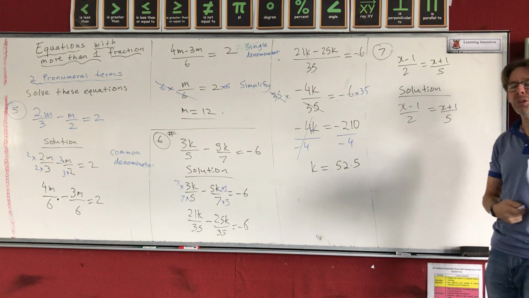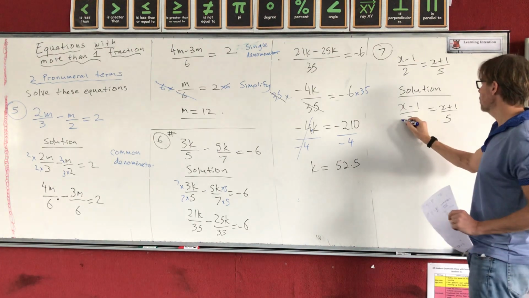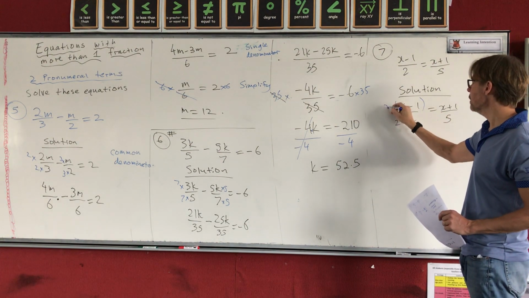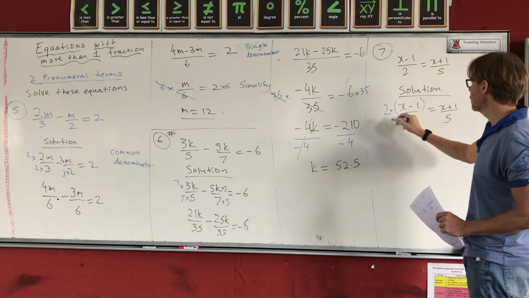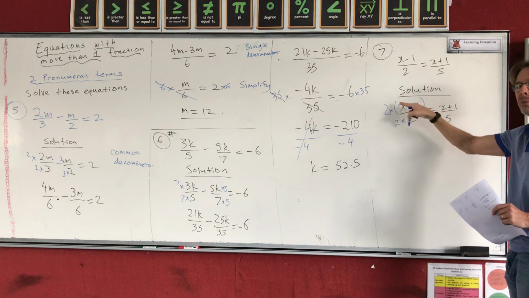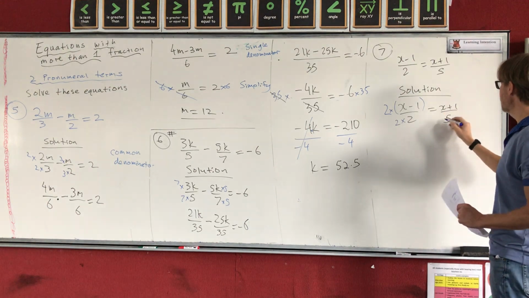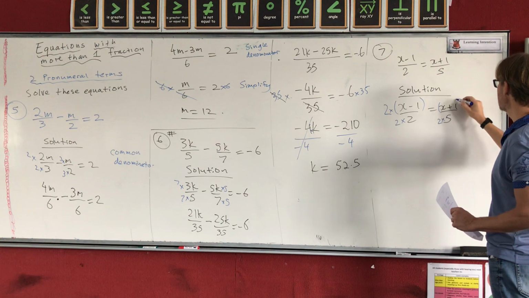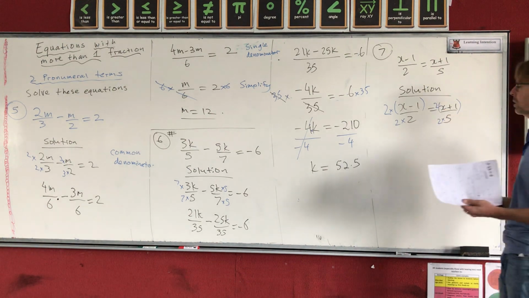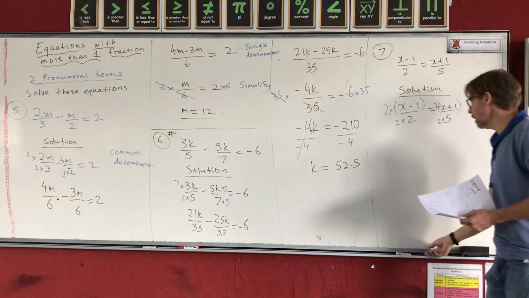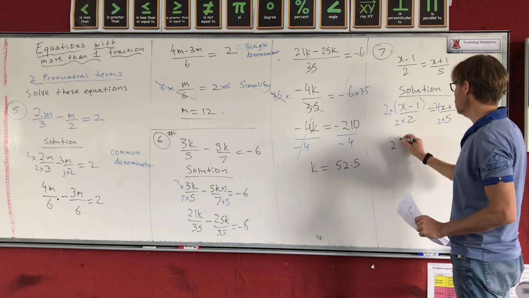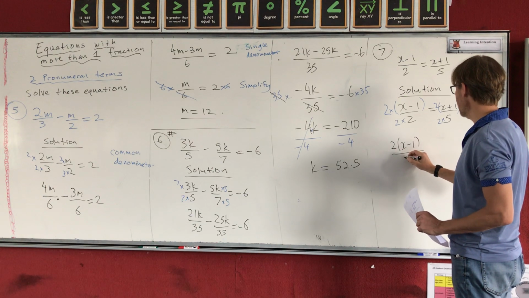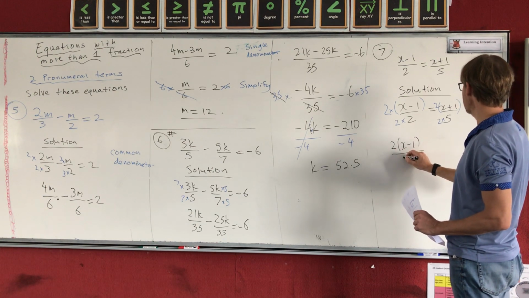Same thing as before, we want a common denominator. So, times by 2. Now, you have to put brackets here, times by 2, right? Because you're timesing the whole numerator by 2, which is why you need the brackets. Here, take the 2, times by 2, and times by 2. Okay? Now, that gives us 2 bracket, do not expand yet, and then we have, what's that there?